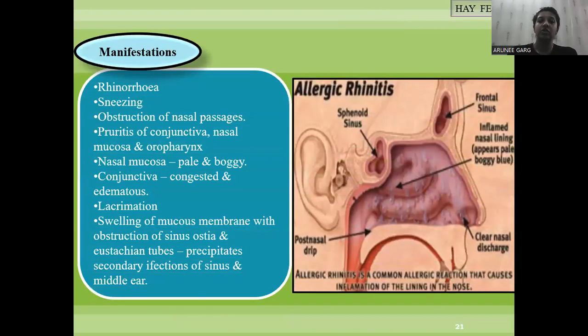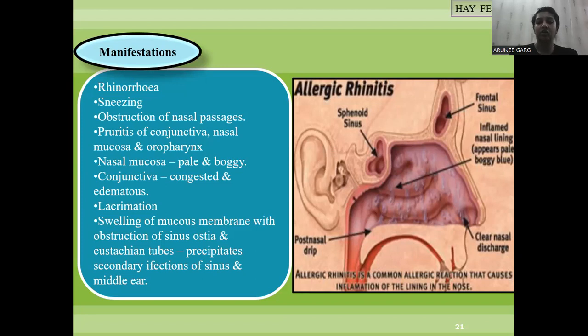The manifestations are rhinorrhea, sneezing, obstruction of nasal passages, pruritus of the conjunctiva, nasal mucosa, and oropharynx. The nasal mucosa can be pale and boggy. The conjunctiva can be congested and edematous.